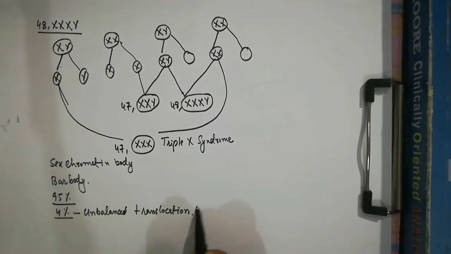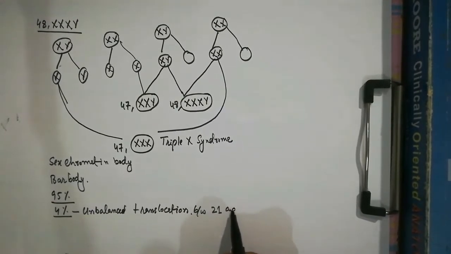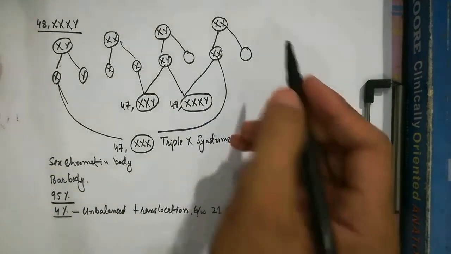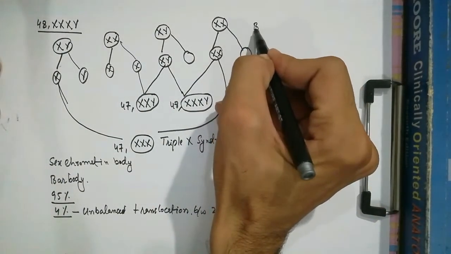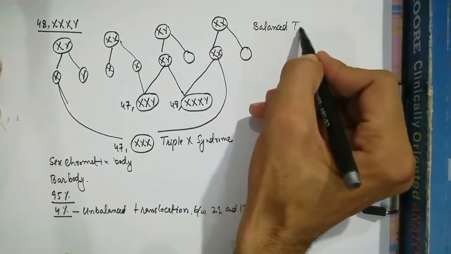Between chromosome 21 and 13. Translocation is when a piece of chromosome breaks and is attached to another chromosome. There are two types of translocations: balanced translocation and unbalanced translocation.